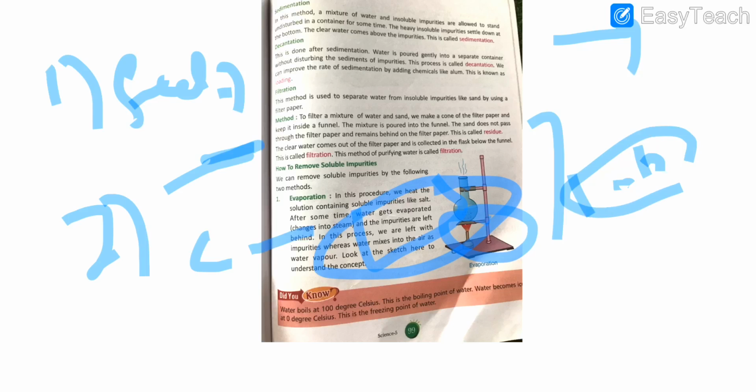Second, decantation. This is done when the clean water is poured into another container without disturbing the impurities. This process is called decantation. And third, filtration. This is done by using a filter paper. The clean water passes through the filter paper, whereas the impurities are left behind, which are called residue.